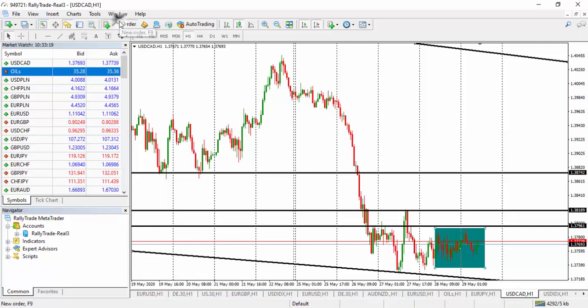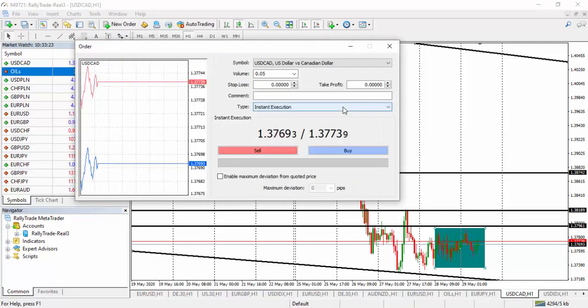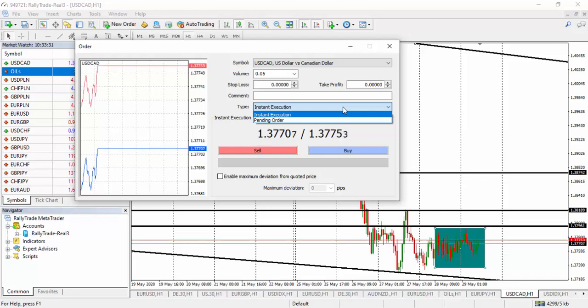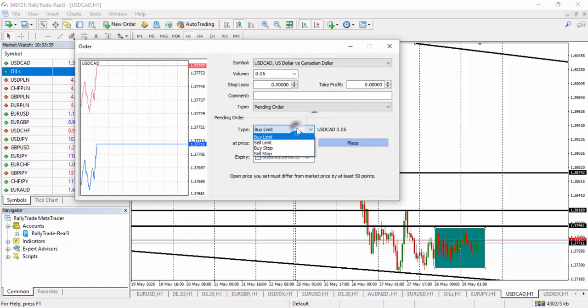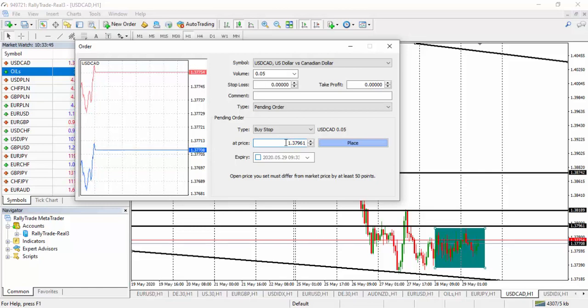We come to new order, and then because the instrument is not currently trading at the specified price level, we'll be using a pending order, and that will be a buy stop at price level 1.37961, and then our take profit is at this price level. That's our take profit, 1.38189, and then our final take profit later next week will be around this resistance.